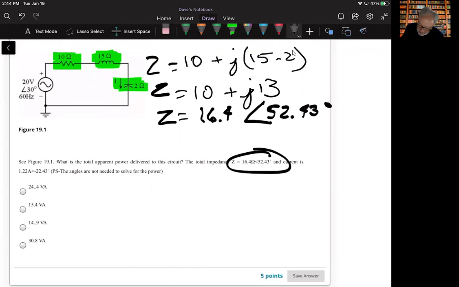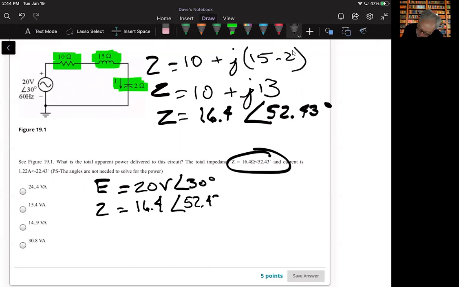All right. And so if we know that's the case, what do I know with this problem? Well, I've got 20 volts at 30 degrees. That would be my voltage. I also have my total impedance given as 16.4 at an angle of 52.43 degrees, and I also have current given as 1.22 amps at an angle of minus 22.43 degrees.